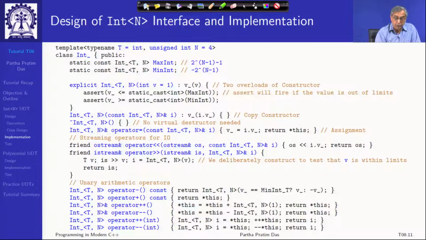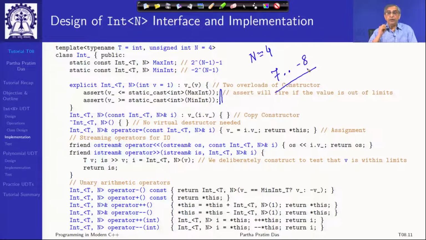There are 2 points to note here. In the constructor, I have put 2 assert statements. Asserts are runtime statements, so that if I give a Boolean clause within the assert, then if the clause fails, then the program immediately gives a message and terminates. Since I have to be within this limit, if n is 4, then my range is from 7 to -8.